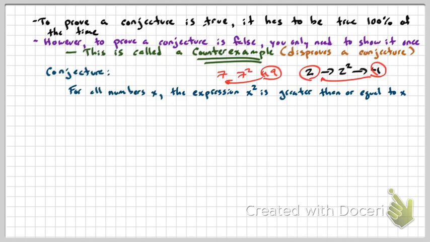However, I think we're all thinking the same thing. There are lots of numbers that we can use that when we square them, they are no longer greater than the previous number. One that hopefully jumps out to you right away is, what if I square a negative number? If I square negative 2, that becomes 4.